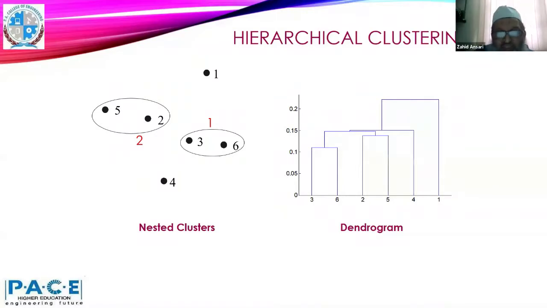Then after that, which two need to be merged? If you see the dendrogram here, the two clusters which we formed, cluster 1 and cluster 2, get merged. Why? Because the distance between these two clusters is the distance between point 2 and point 3, because they are the closest points over there.